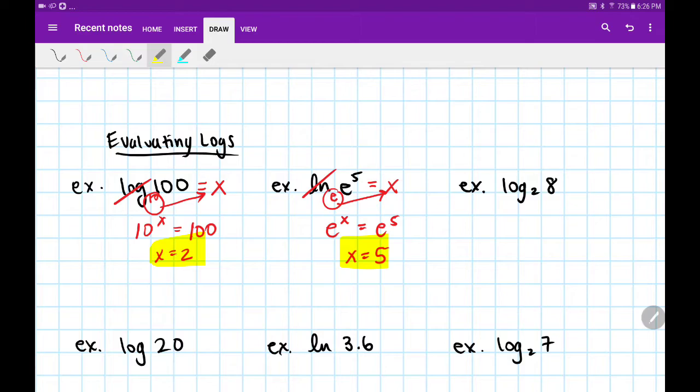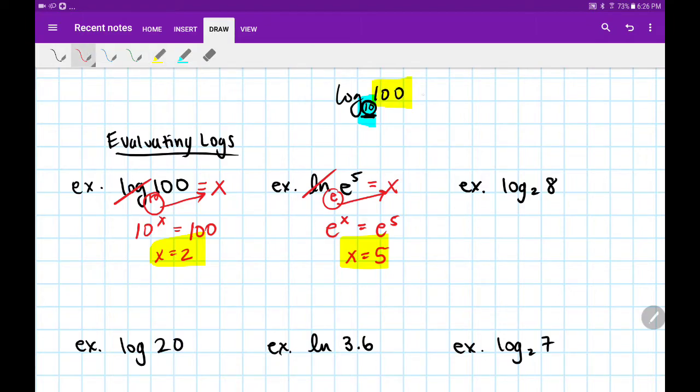Before we go on to the third example, let's look back at the pattern that we're discovering. When the question was log 100, if we are aware that the base is 10, the question we can ask ourselves without showing any work is, starting at the base, 10 to which exponent gives us 100?